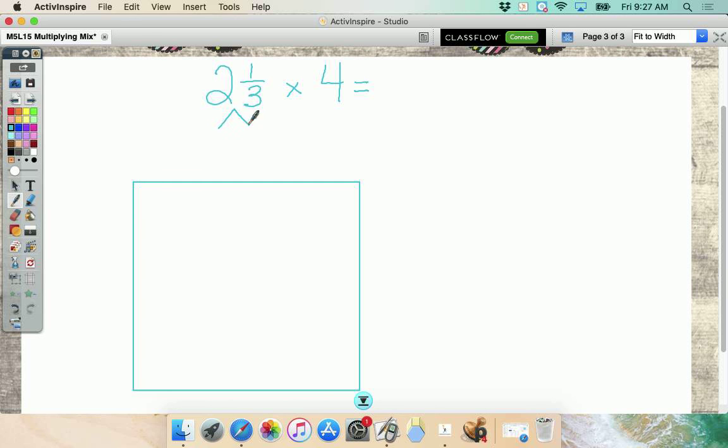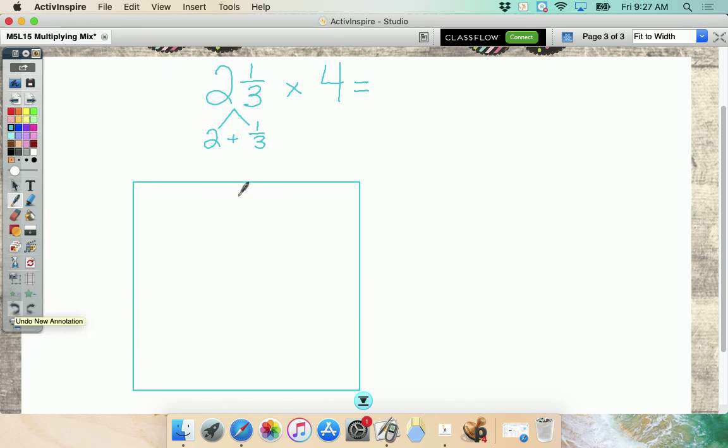Okay, so decomposing this, what do I get? 2 plus 1/3. Okay, now, this is pretty cool. I only need 3 places to write. Look at the board. Got one here, got one here, got one here.